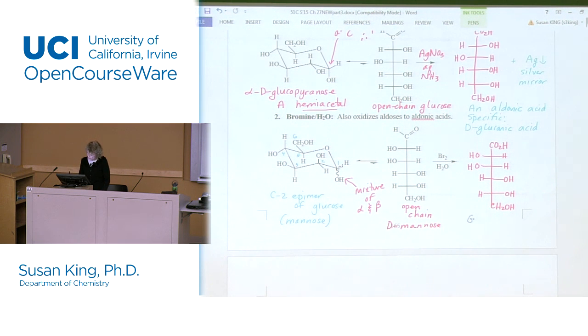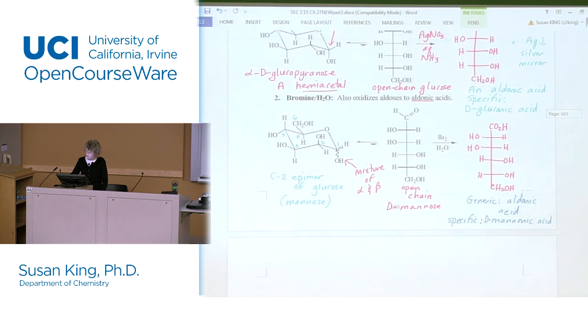So generic, aldonic acid. Specific, mannonic acid, D-mannonic acid. Let's be as specific as we can.